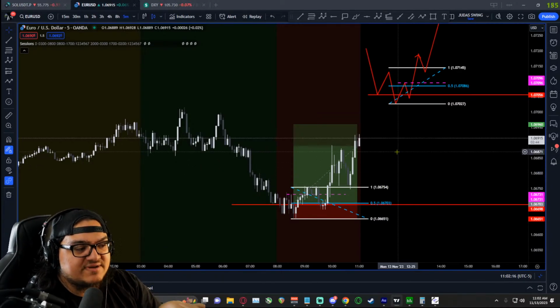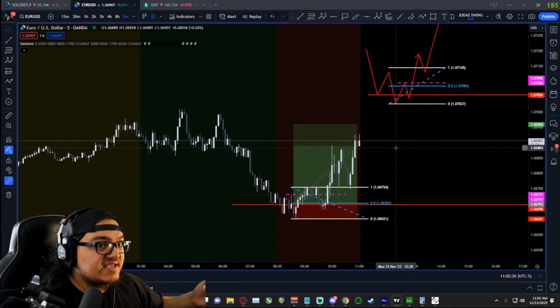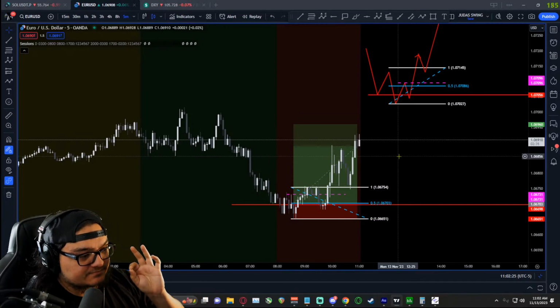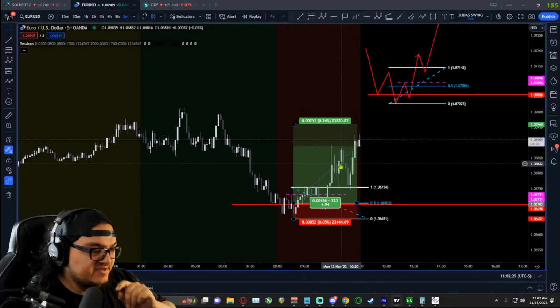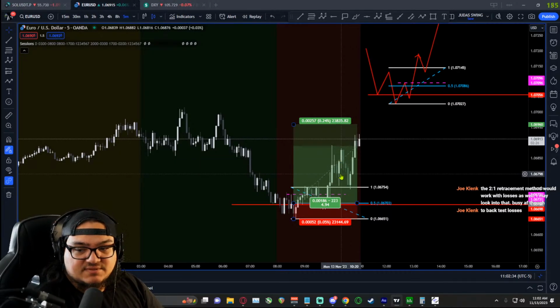But if we're taking maybe 50 to 60% of the original entries, then it becomes worth it because we're still getting way more of a risk to reward ratio compared to the original entry. So it definitely does make a difference.